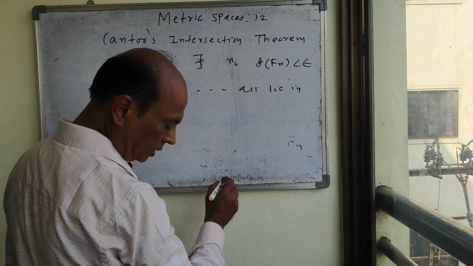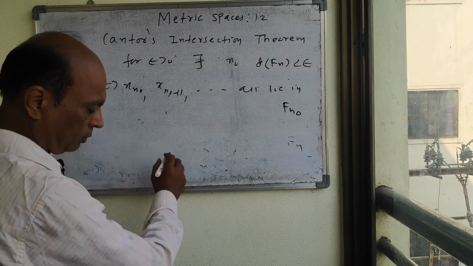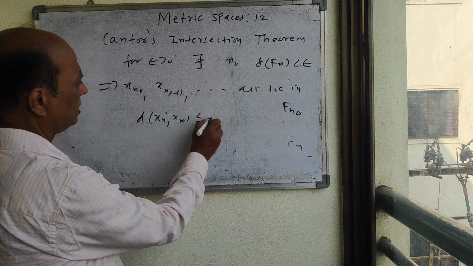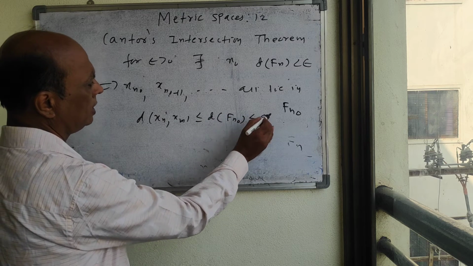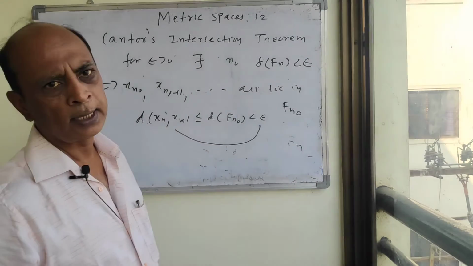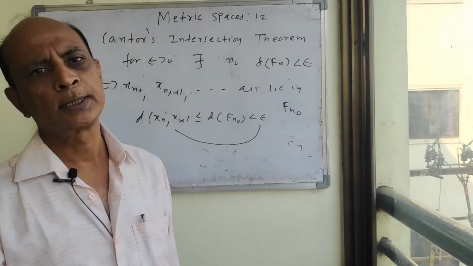And therefore we have d of xn, xm is less than or equal to d of Fn0, and d of Fn0 is less than epsilon. So by this condition, it is clear that xn is a Cauchy sequence in X.